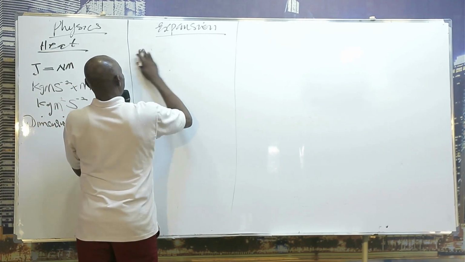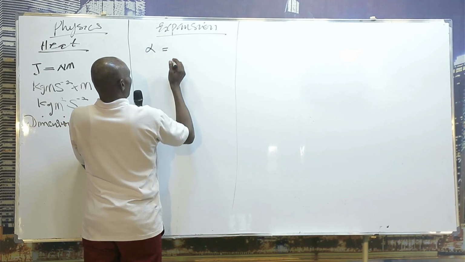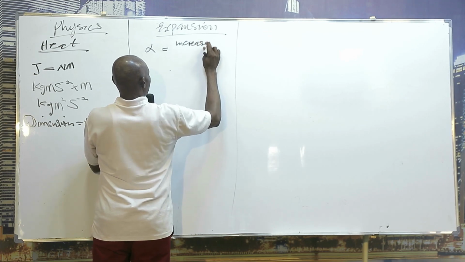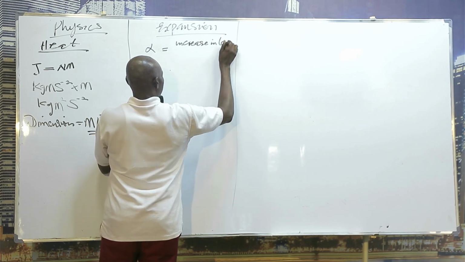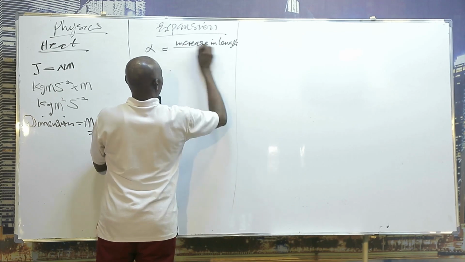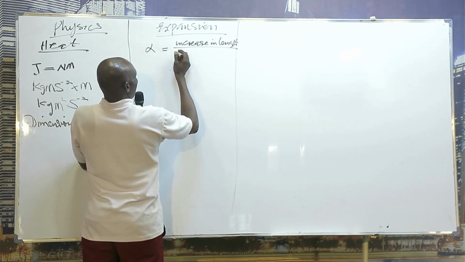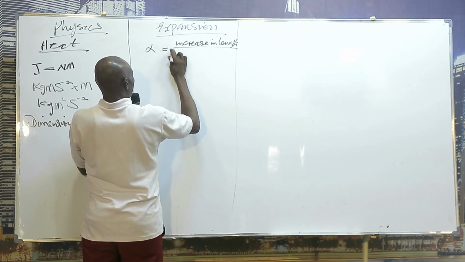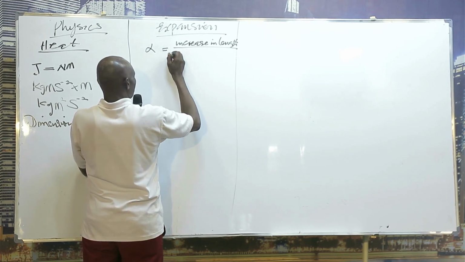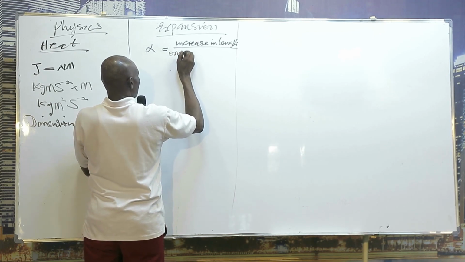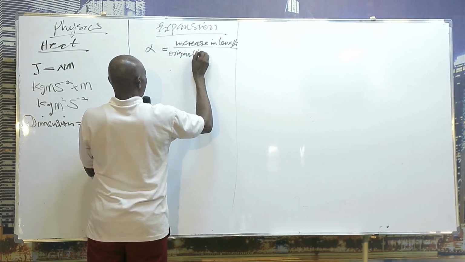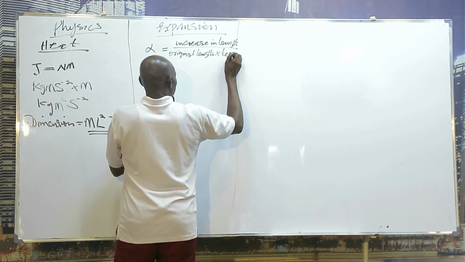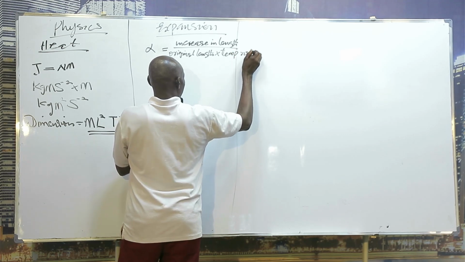The alpha is the same as the increase in length all over the original length per unit length, times the temperature rise.